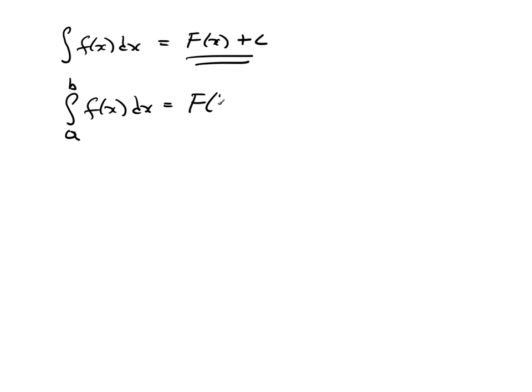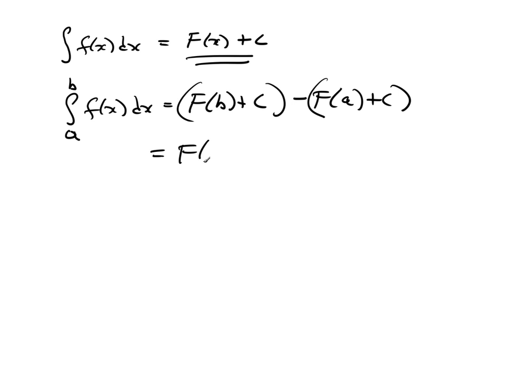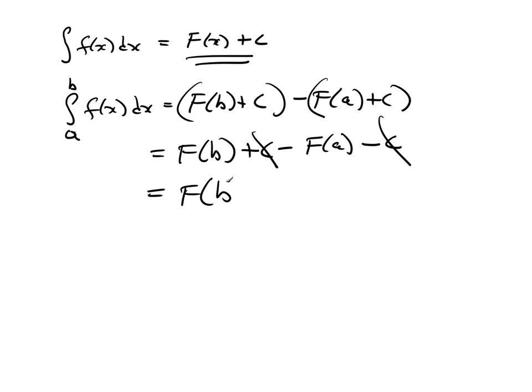So I have F of b plus c minus F of a plus c, which equals F of b plus c minus F of a minus c. When I drop these parentheses, the c's cancel out, and that's just F of b minus F of a.